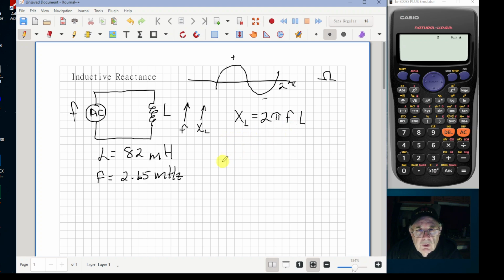Let's plug those into our formula here and calculate what the reactance is. Remember, reactance is the opposition to the change in the flow of current.